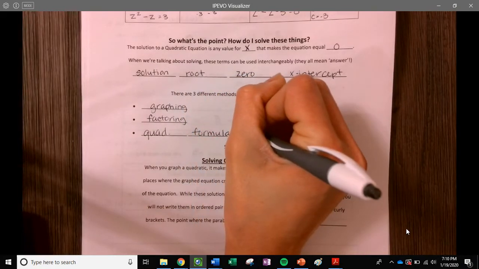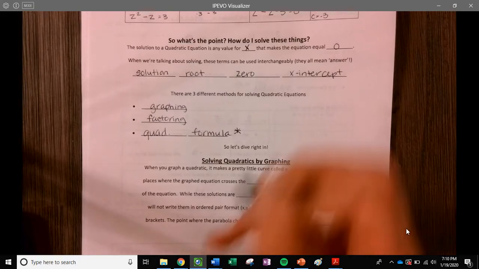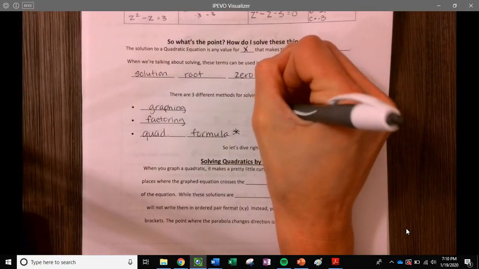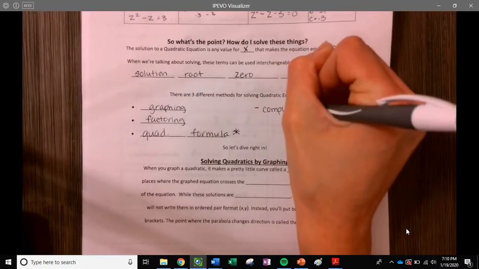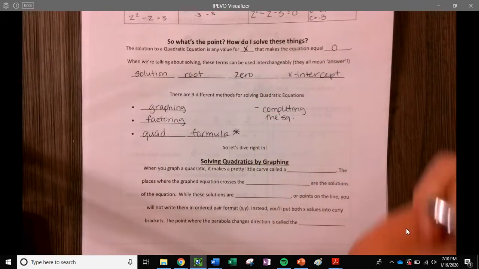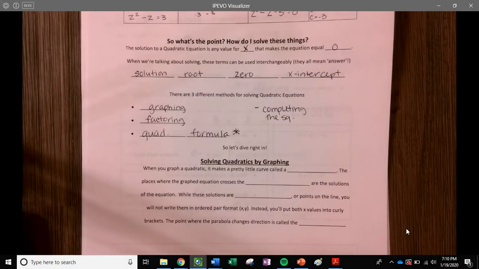I'm going to put a big asterisk next to the quadratic formula, because it will work every single time that you are trying to solve a quadratic. And actually, for Algebra 2, there's a 4th method that we are going to learn called completing the square. This is a little bit more of an advanced concept that my Algebra 1 kids don't learn, but in Algebra 2, you will learn completing the square.